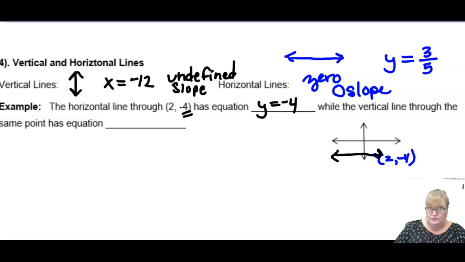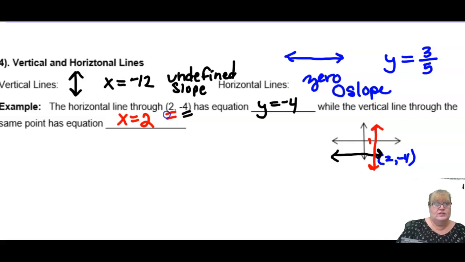If we were told to do the vertical line through that same point, that is going to cross the x-axis, and it's going to cross the x-axis at 2, so we'll have the equation x equals 2 from right here. All right, so good review of all those special cases.